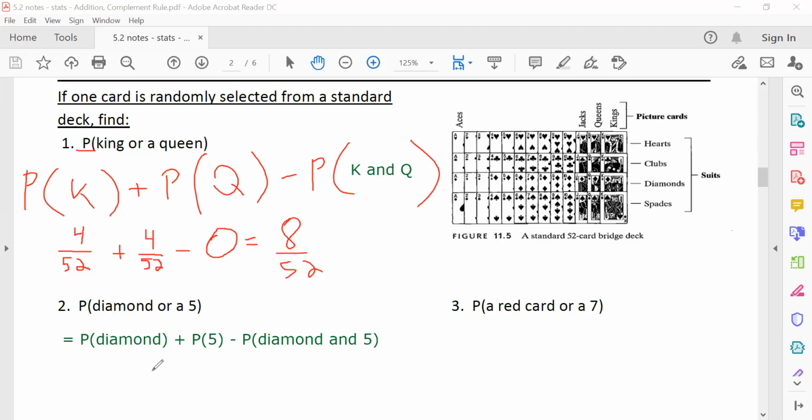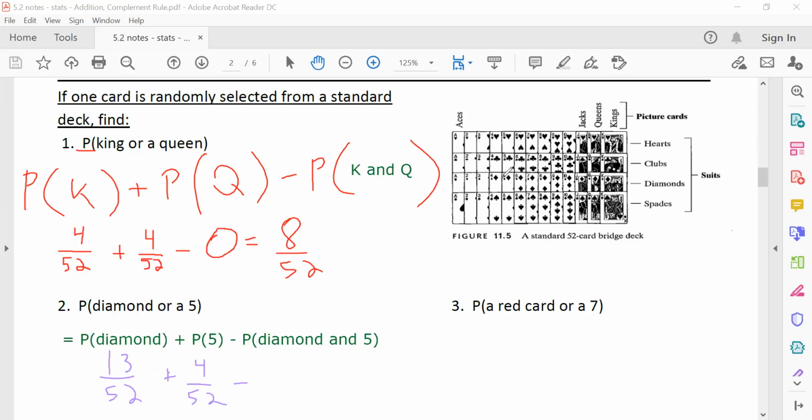The probability of getting a diamond, well, there's 13 diamonds in the deck out of 52 possibilities. So it's 13 over 52. Plus the probability of getting a 5 in the deck, there's 4 5s. So that's a 4 over 52 probability. Minus the probability of getting both a diamond and a 5.